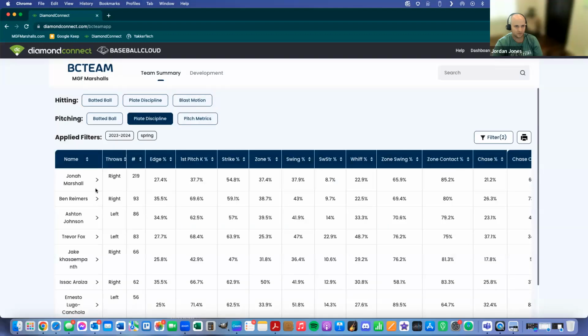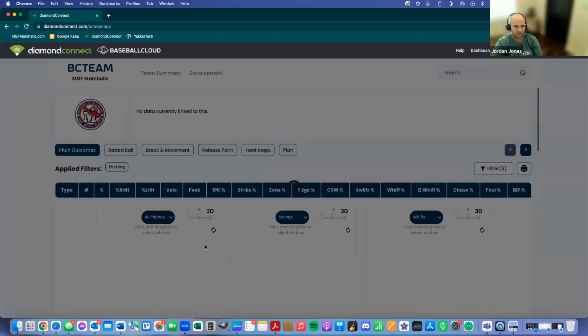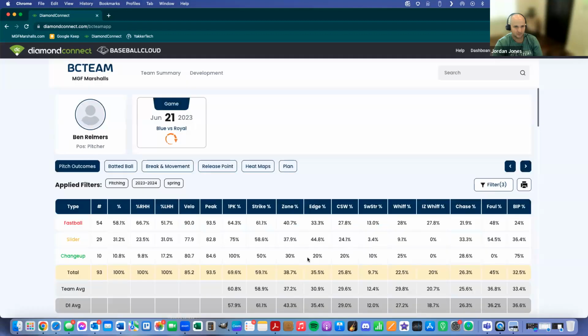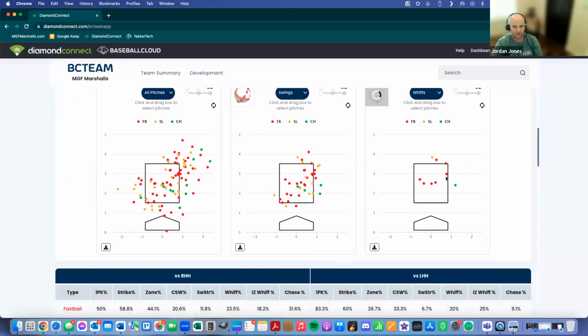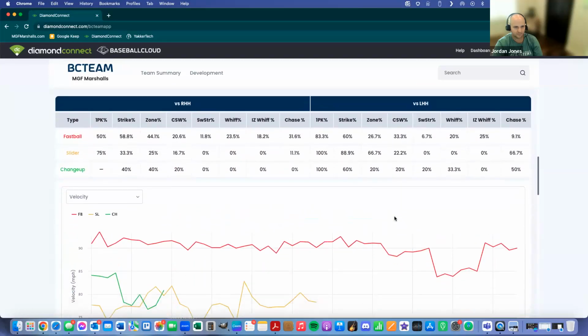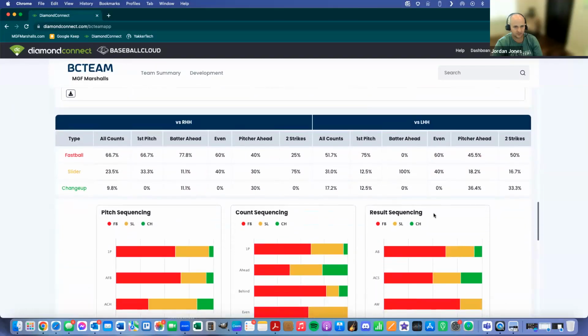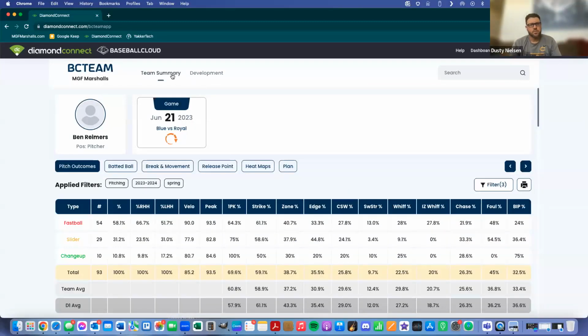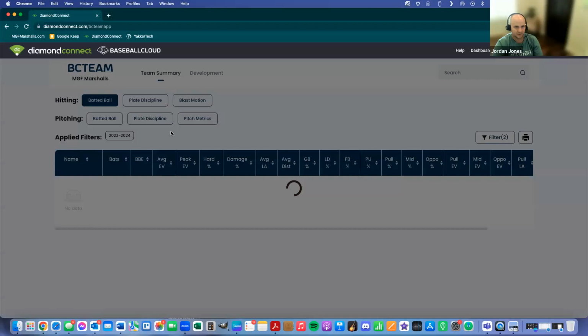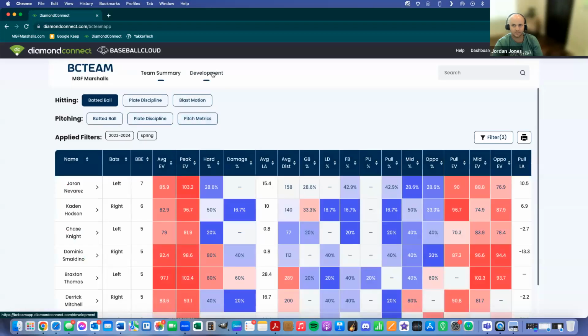I can go to plate discipline and see where guys are swinging and missing. Pretty much the same thing, but this is cumulative. Great. Just inverse from the pitcher side, so we can navigate that development.